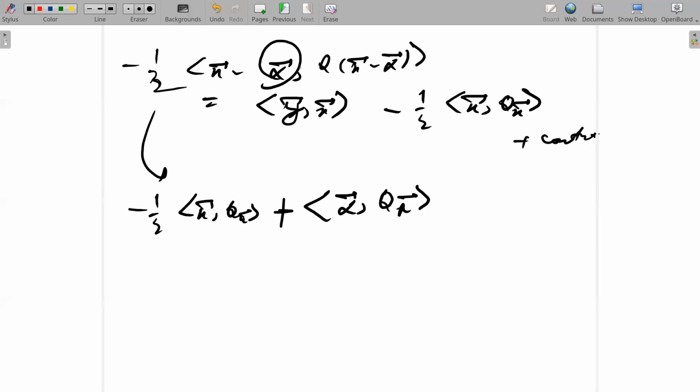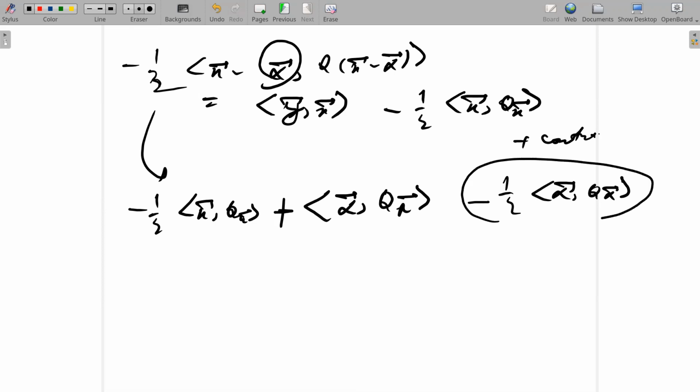It's positive definite. Usually positive definite already contains the assumption that q is symmetric. So you can move q to the other side. So in fact, minus alpha dot qx will be the same as x dot minus q alpha. And there is a minus half here. So half plus half is giving you 1 here. And then the remainder term is minus half alpha dot q alpha.